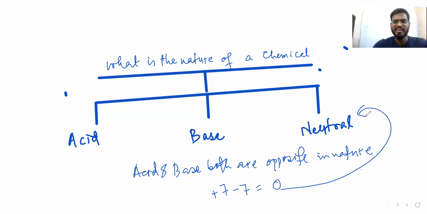The total is 0, so that is neutral. Now if acid is plus 7 and base is minus 5, it is neutral but a little more acidic dominant, plus 2 towards acid. Now the opposite: suppose base is 7 and acid is minus 5, then it is basic neutral. That also they can ask.